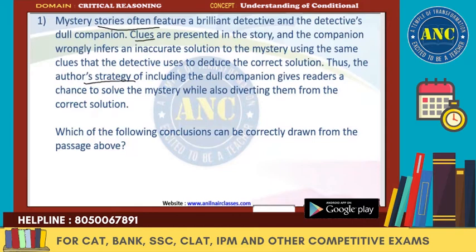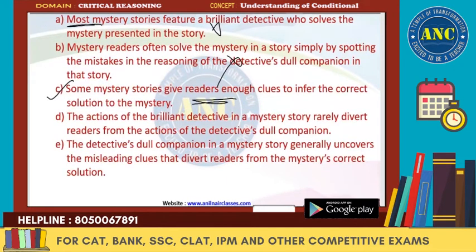Why? Because if you look at the very last statement, the author's strategy and so on and so forth, that's the conclusion. And this conclusion is the primary evidence that is also being supported by option C. How about option D? It says the actions of the brilliant detective in a mystery story rarely divert readers from the actions of the detective's dull companion.